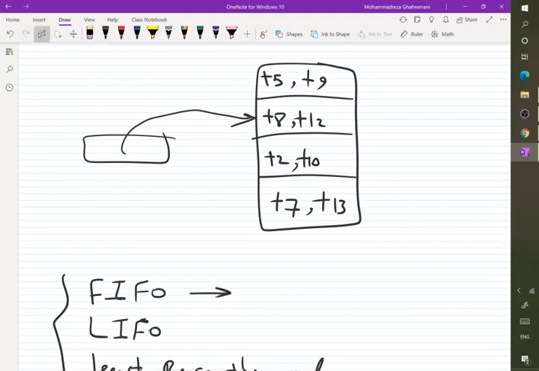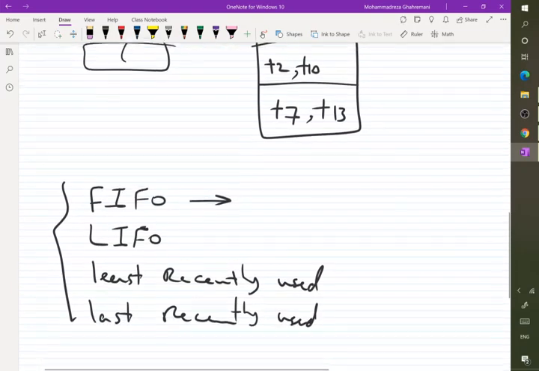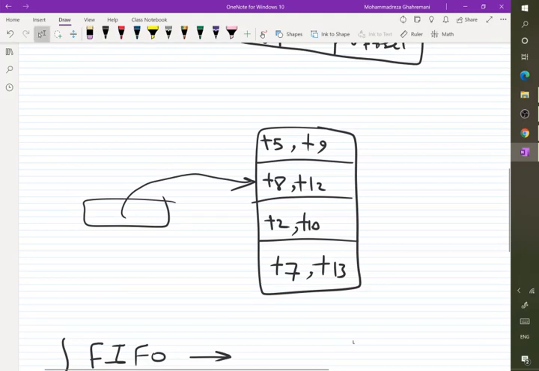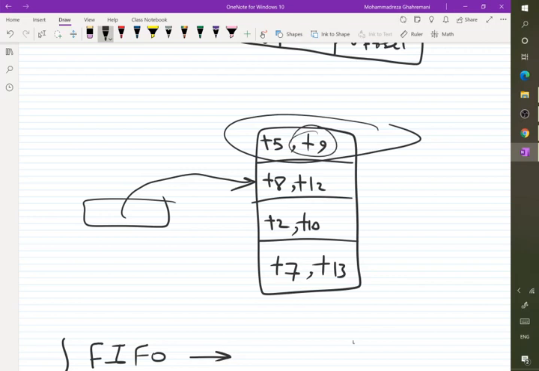So we copied them at these times, T5, T8, T2, and T7, but then we accessed the data at these other times. Least recently used says which one of them has been used least recently. Looking at T13, T10, T12, T9, we see that T9 is the least recently used block. It was used at T9, and after that the other blocks were accessed, but T9 was not.